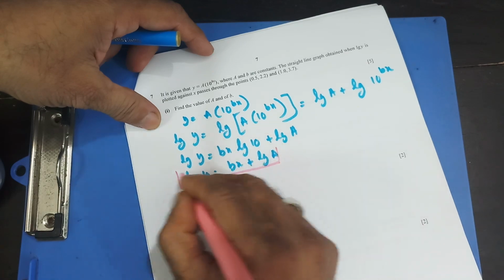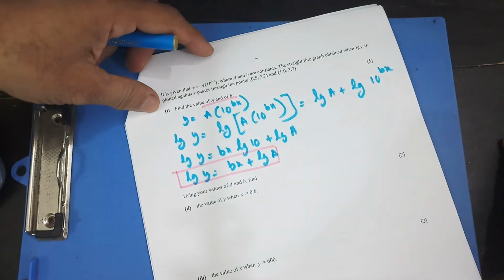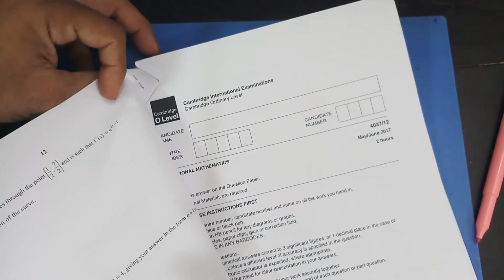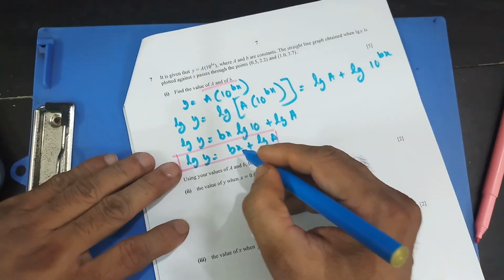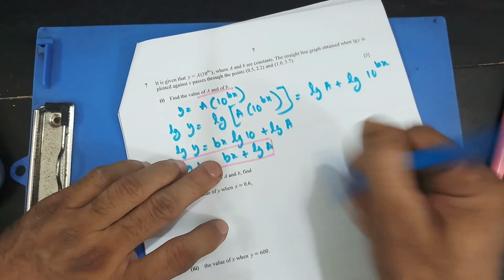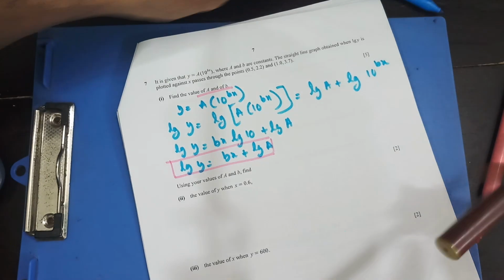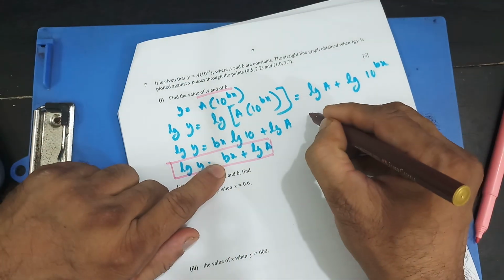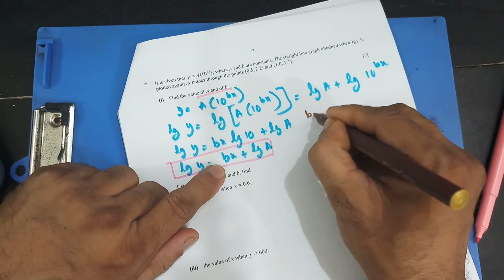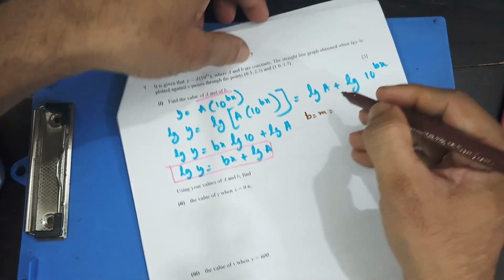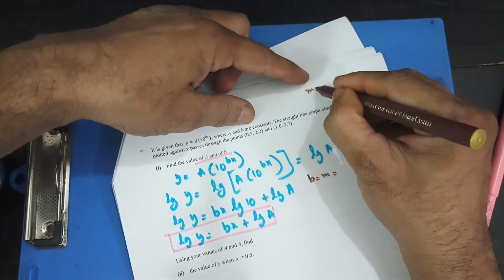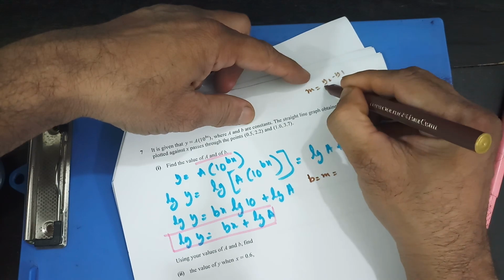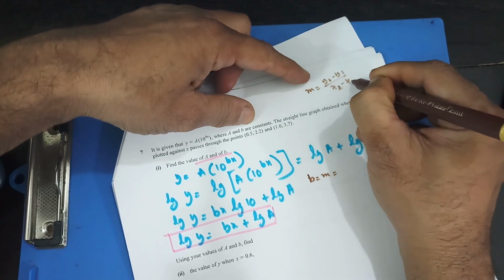Okay, I just did that, but I need to find the value of a and of b. So b is the gradient over here, so gradient b equals m, which is the difference in y-axis. I hope you know that gradient equals y2 minus y1 divided by x2 minus x1.